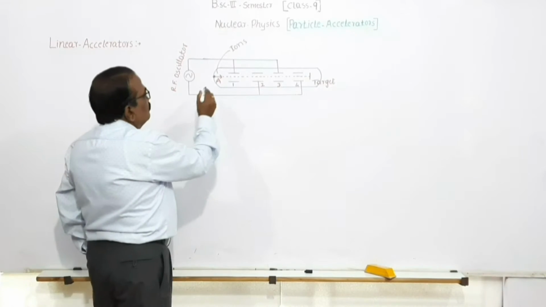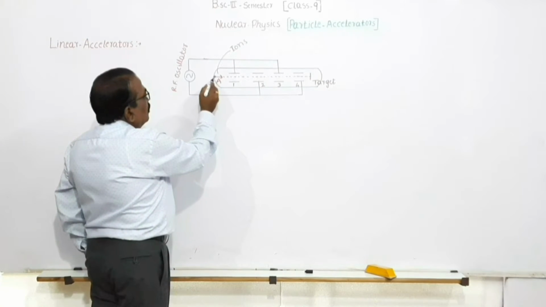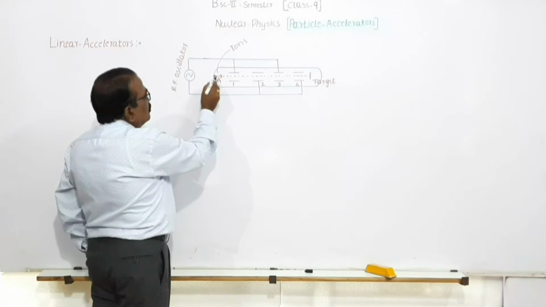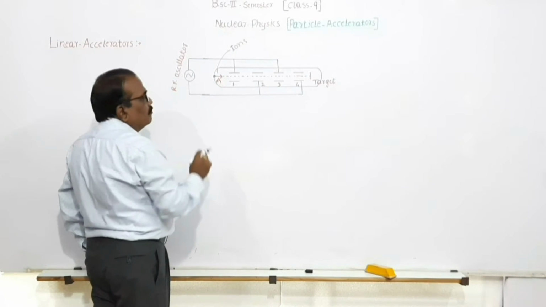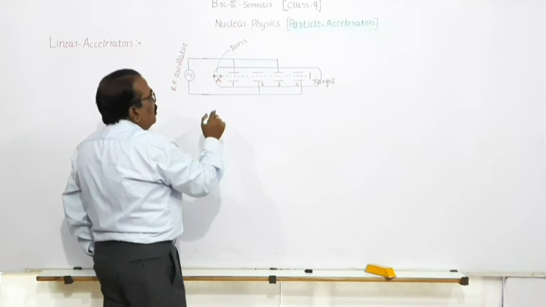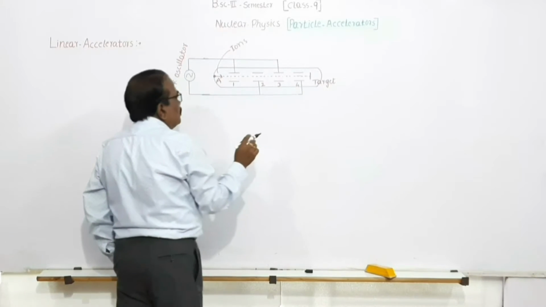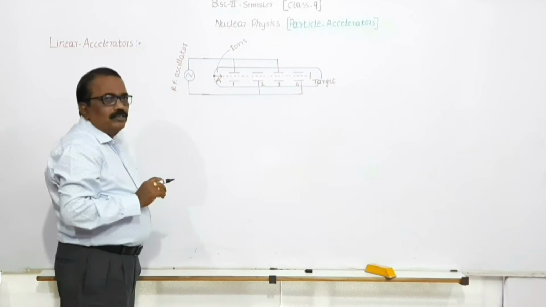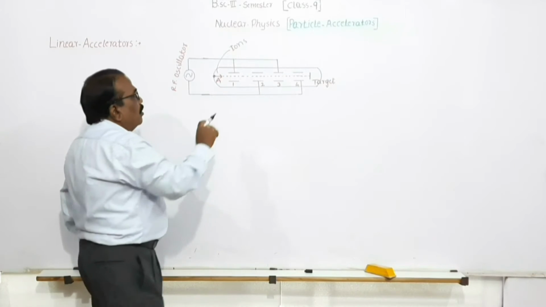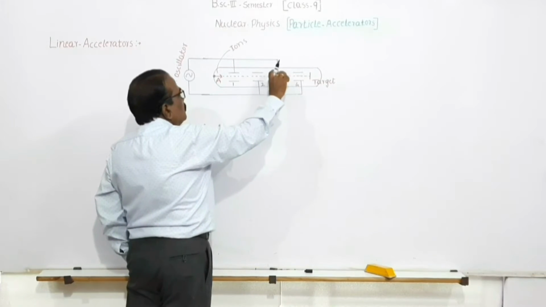Positive ion is allowed to enter through this aperture A. It travels along the coaxial path of these coaxial cylinders.